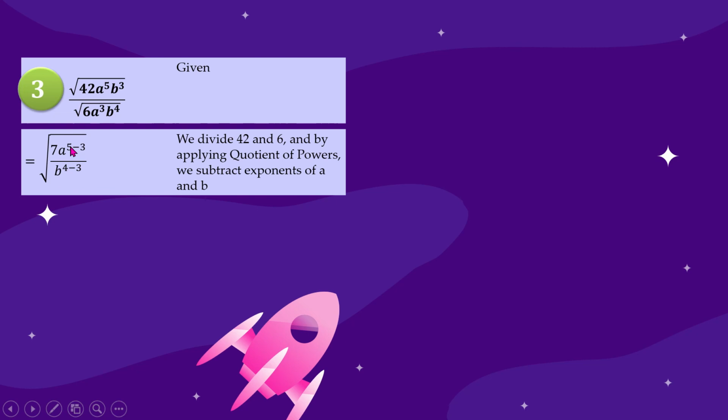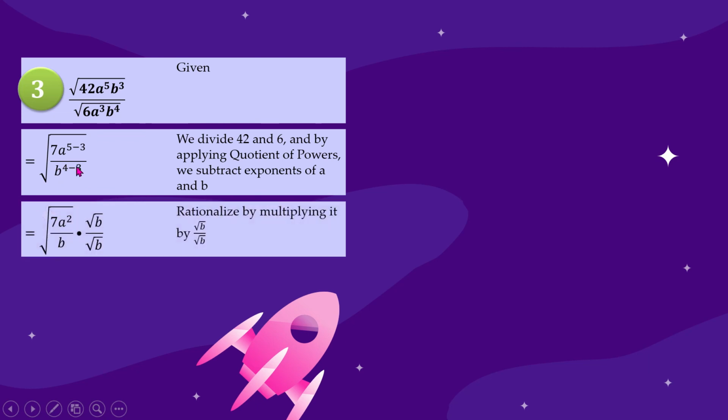While sa b cubed over b exponent 4, since the exponent is bigger on the denominator, therefore the variable b or the base b should be written on the denominator. So 4 minus 3. Next, the simplified answer of this is 5 minus 3 is 2, mao nang a square. 4 minus 3 is 1, mao nang b na lang. Either you will write b exponent 1 or b is just the same.